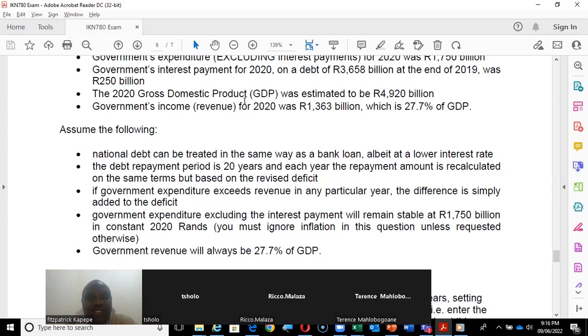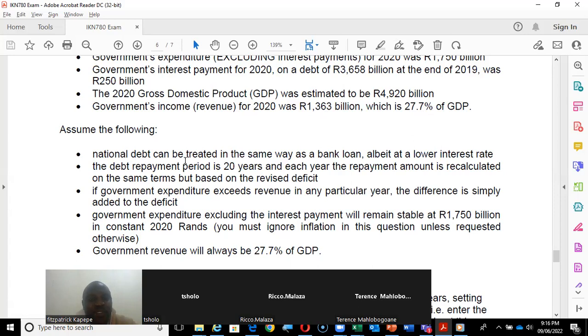So the 2020 gross domestic product was estimated to be 4,920 billion. Government's income revenue for 2020 was 1,360 billion, which is 27.7% of GDP. We have been given assumptions, so we'll deal with these assumptions. National debt can be treated in the same way as a bank loan, but at a lower interest rate.